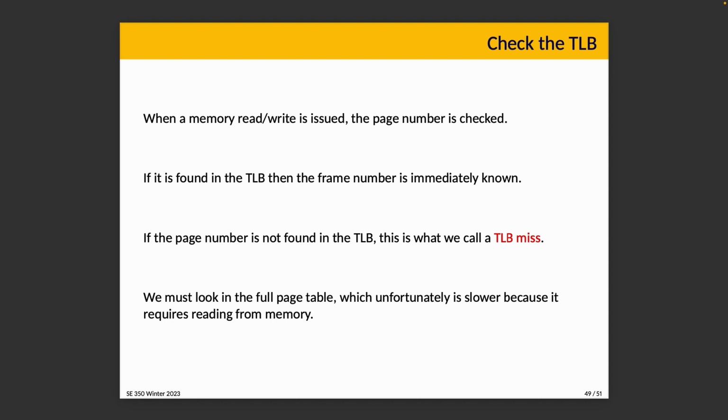If we don't find it, we call it a TLB miss. That is, it's not in there, and we have to look in the full page table, and that's going to be slower because we have to check memory, and we have to check it carefully.